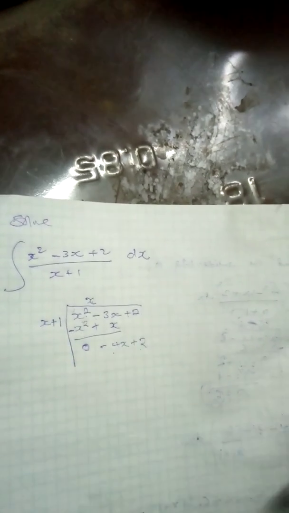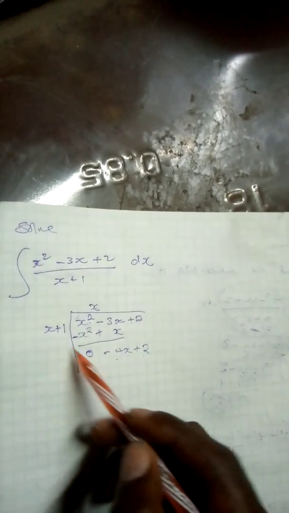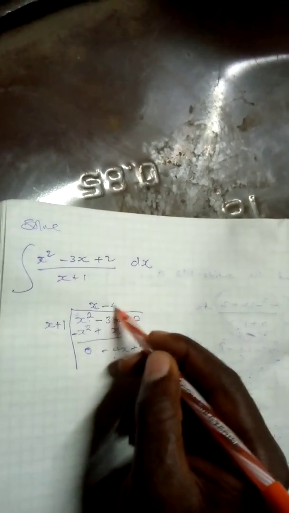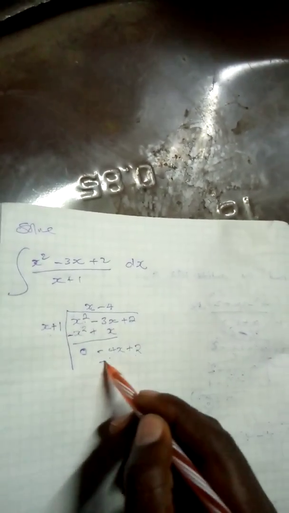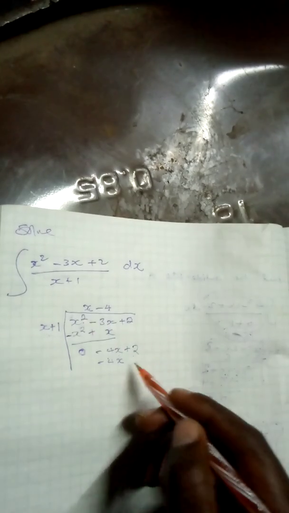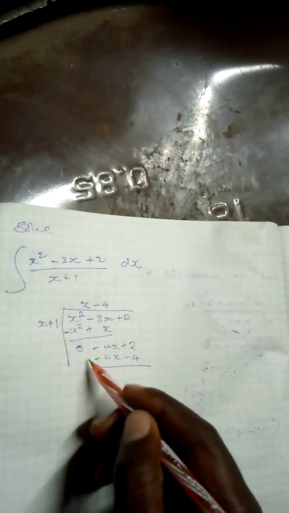So we consider the x part. We are going to have negative 4x divided by x, which is going to be negative 4. Then we can multiply negative 4 times x, we get negative 4x. And then negative 4 times 1, we get negative 4. Then, as usual, we subtract.